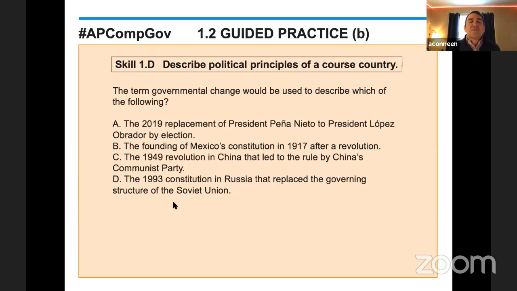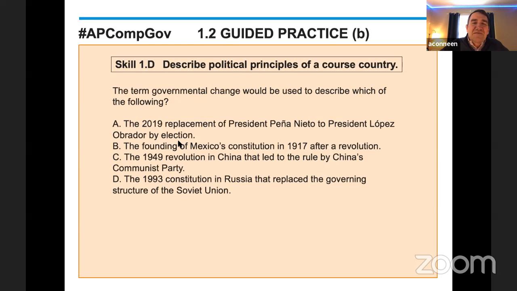Question number 2 for 1.2. The term governmental change will be used to describe which of the following. And then we have a number of different examples, including Peña Nieto to López Obrador. And I don't know why I thought that happened in 2019. I got to go back and switch these.